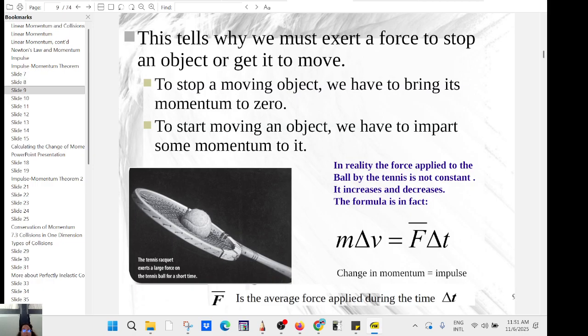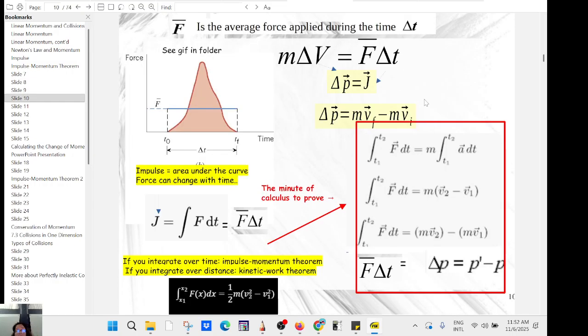Okay, so now the real equation is actually the average force. Because if there is a kick, the kick doesn't have a constant value, right? It starts small, then it increases, and then it's going to decrease. So the real equation is that the impulse equals the average force times the time. If you apply a force over a time t, there will be a change in momentum.